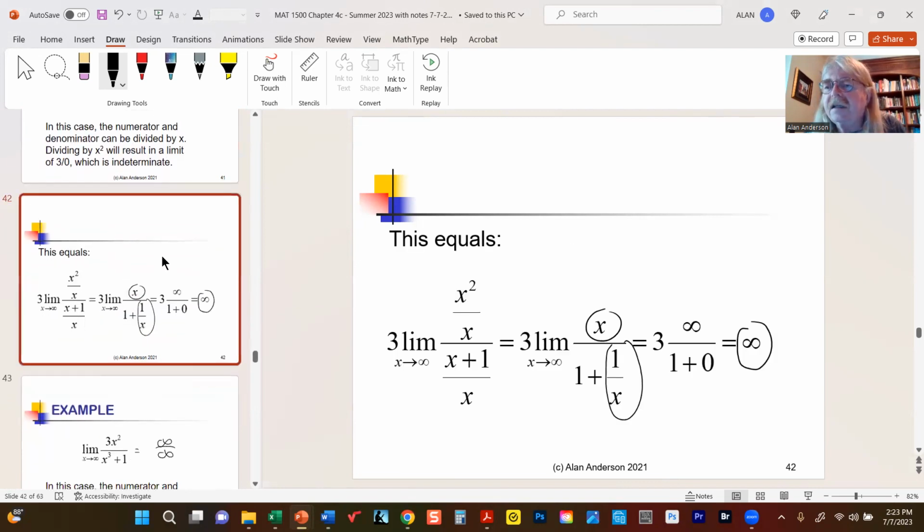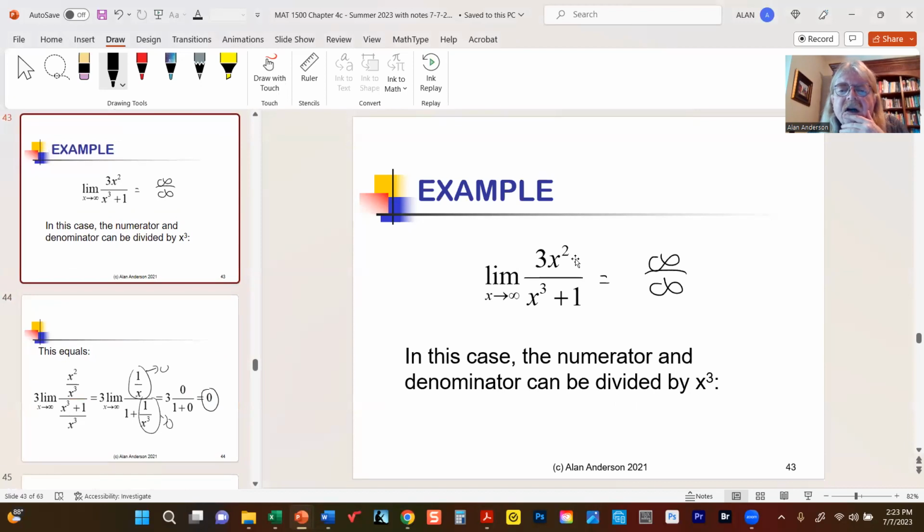Now, that doesn't guarantee it'll be the final result that we need, but at least it'll bring us closer to the result that we're looking for. And then what about this case where the degree is actually higher in the denominator? Well, once again, we're going to divide by the highest power of x.